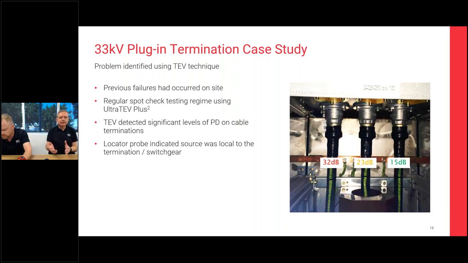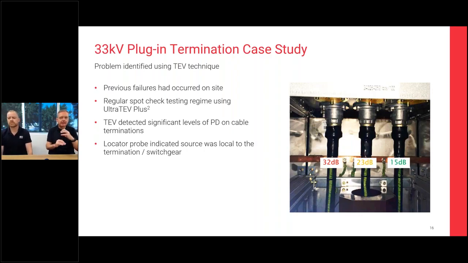So in this particular example, we've got 3 indications of reading, and on one of the phases, the blue phase, we're getting over 30 decibels. What I would say in this instance is, if you're starting to see terminations failing on particular types of switchgear or in particular locations, don't be absolutely beholden to the amplitude and the thresholds.